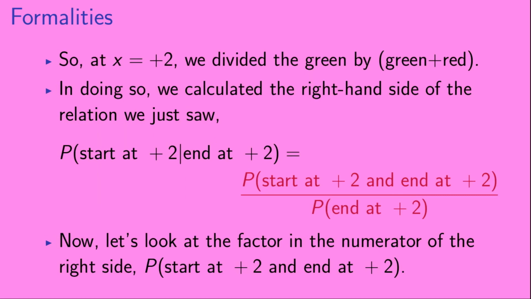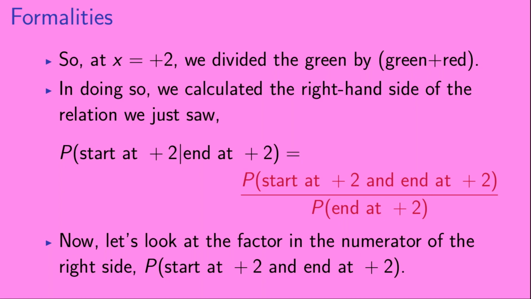So at x equals +2, we divided the green by the green plus the red. In doing so, we calculated the right-hand side of the relation we just saw. So we calculated the probability to start at +2 and end at +2 divided by the probability to end at +2.